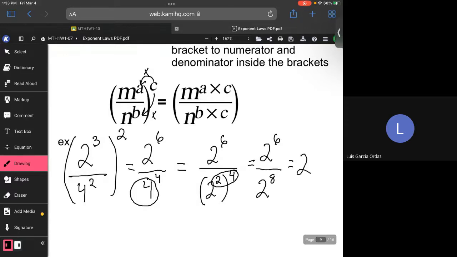Okay, how else can you write that? Take a guess. We never want a negative exponent on the top. Gian probably knows. 1 over 2 to the power of 2, which is 4. Can you explain?